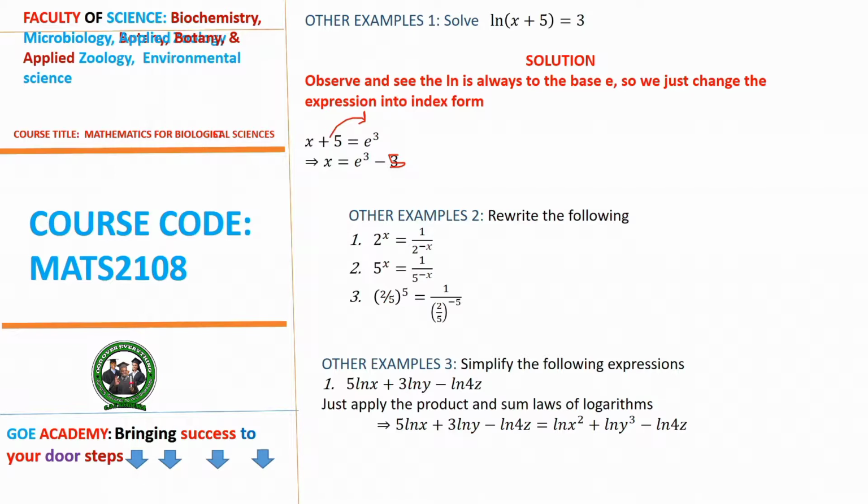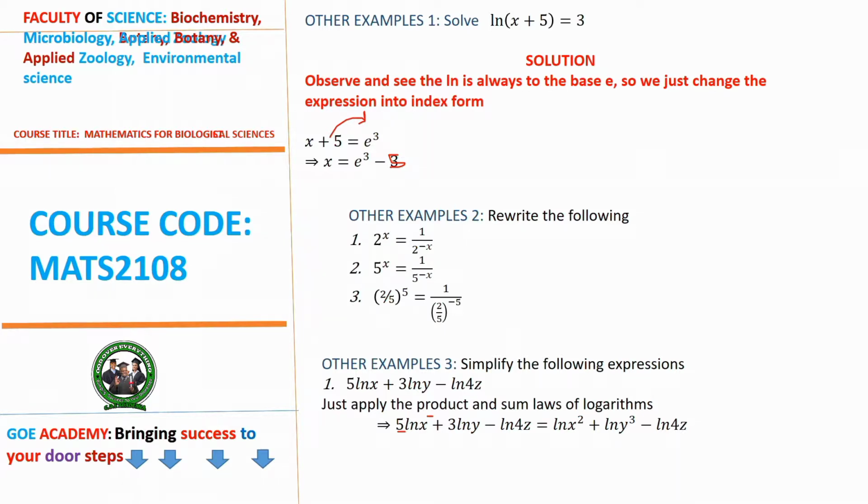Please note that there's another law of index that says this 5 will always come to the power of the value in front of the ln. That's why 5 ln x has become ln x raised to the power 5.